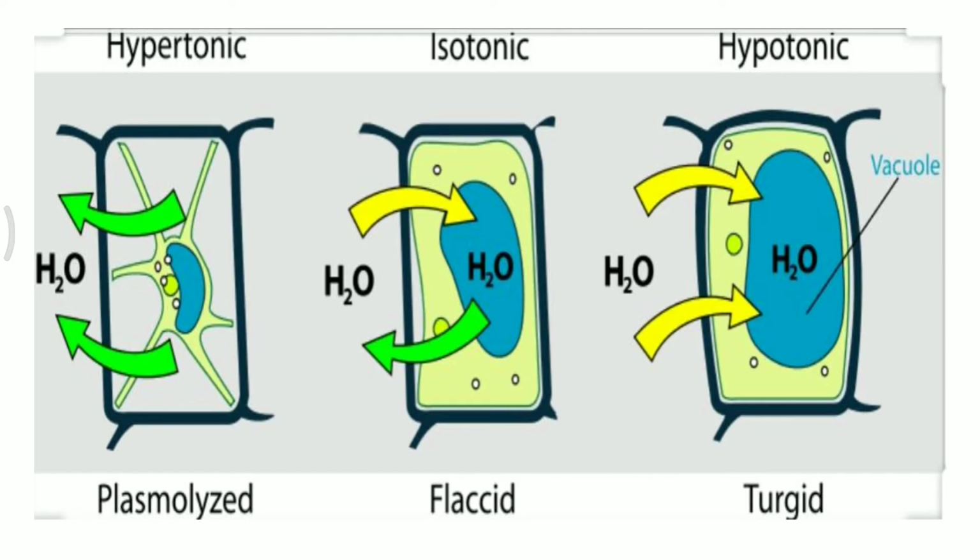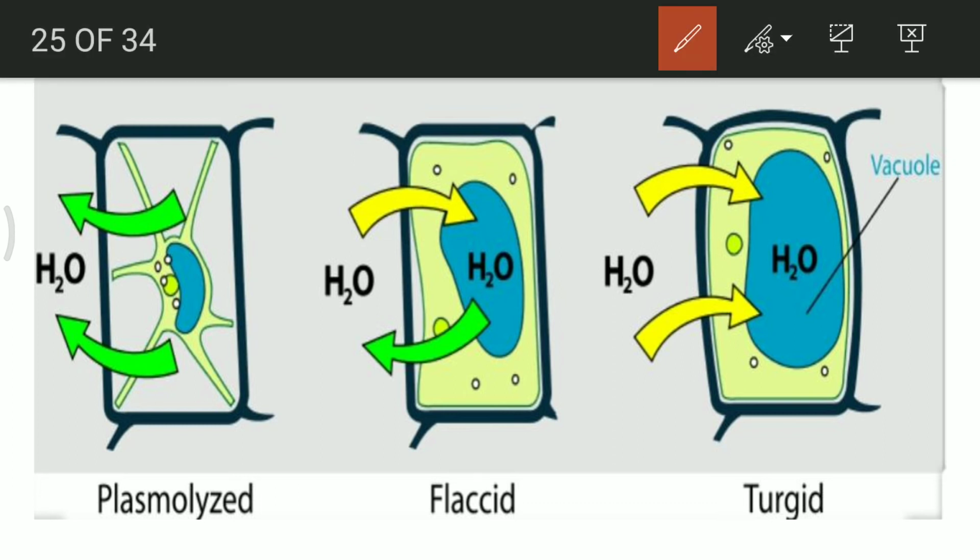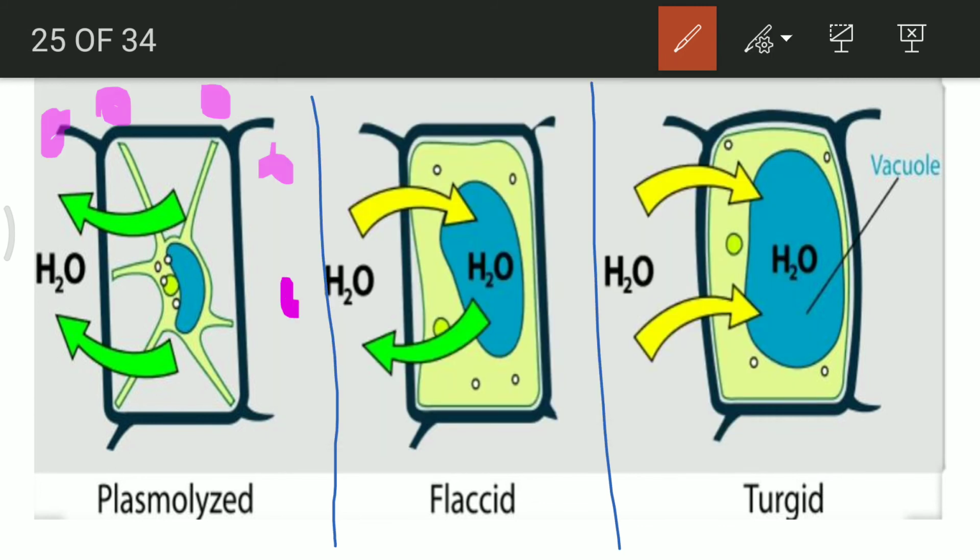If you think of three cells being kept in three different solutions, the first one is a hypertonic solution, where I will be representing these blue dots to show you how much sugar concentration there is. In hypertonic solution, there are a lot of solute particles, whereas in hypotonic solution you will see only a few particles of solute.